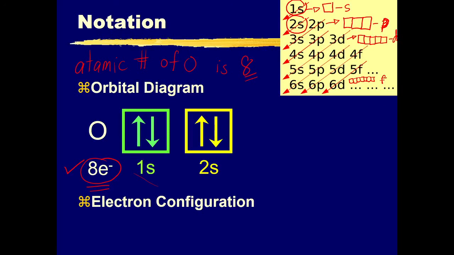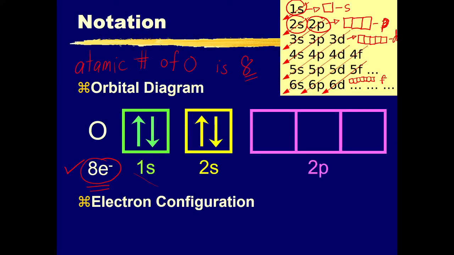We need how many more? Upat pay kuwang because there should be 8 electrons. O unsa may sunod aning 2s? 2p. How many boxes will you draw sa 2p? Tulo. There you go. There are 3 boxes.